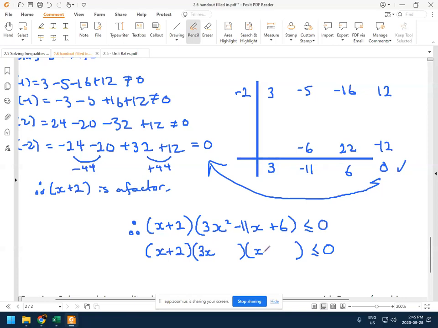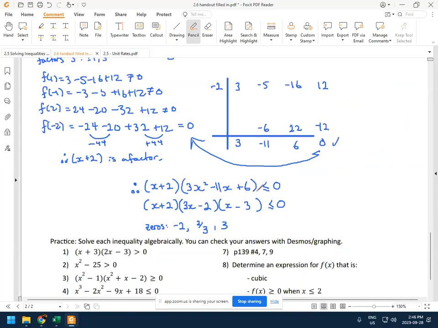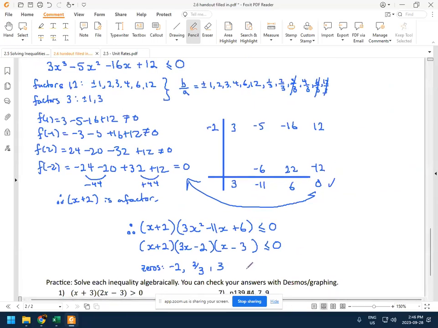I need a negative 9, I need a negative 2. There it is. So what are my zeros? Negative 2, 2 over 3, and 3. I didn't give myself much space, did I?